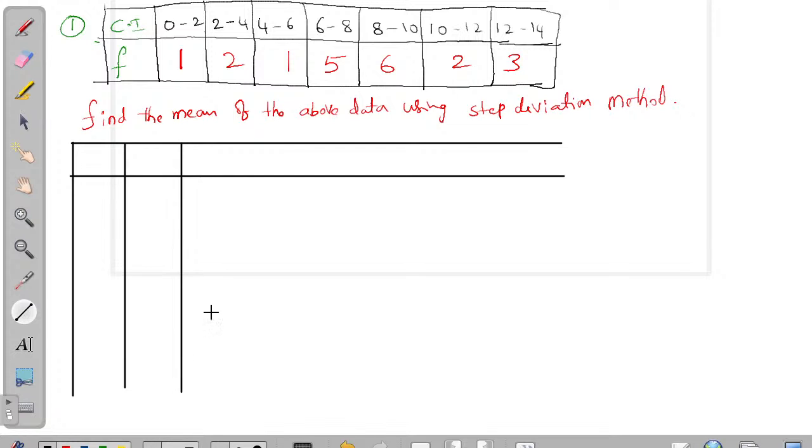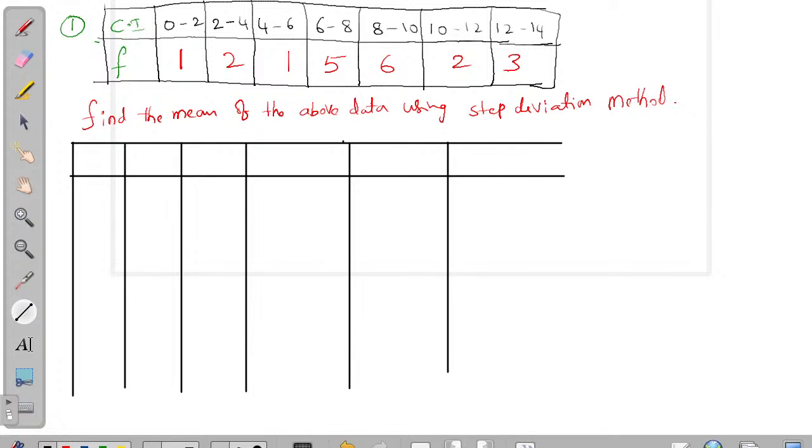After that, mid values, and after that di, after that ui, finally fi into ui. For step deviation, you have to make the table with 6 columns: 1, 2, 3, 4, 5, 6.